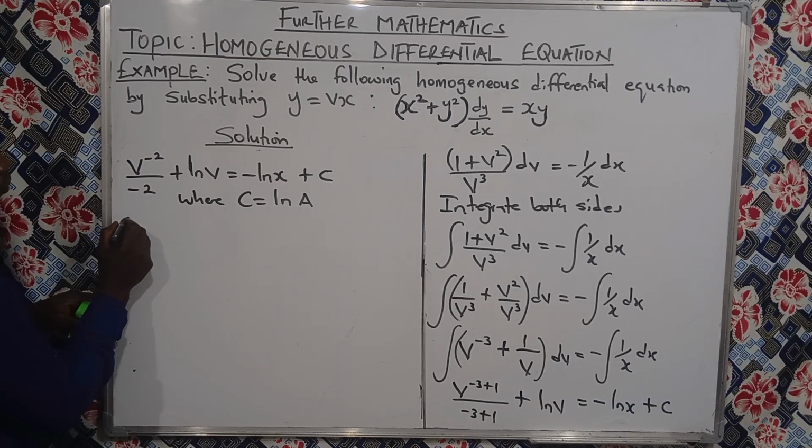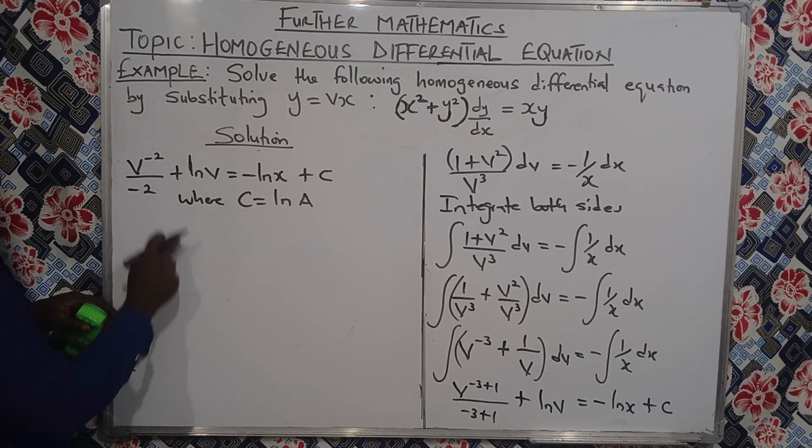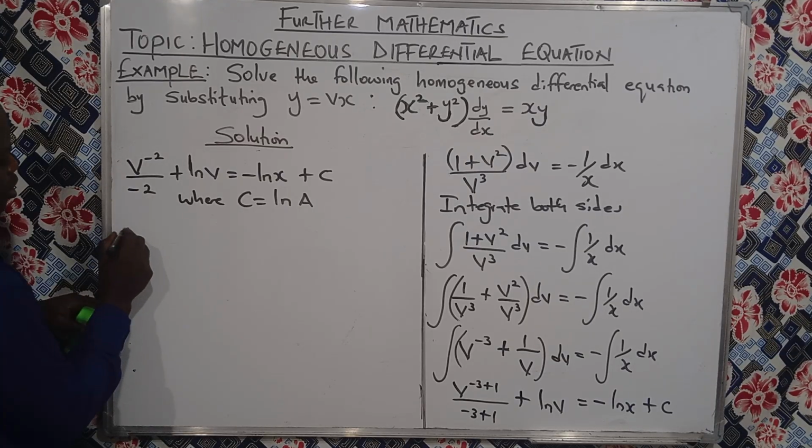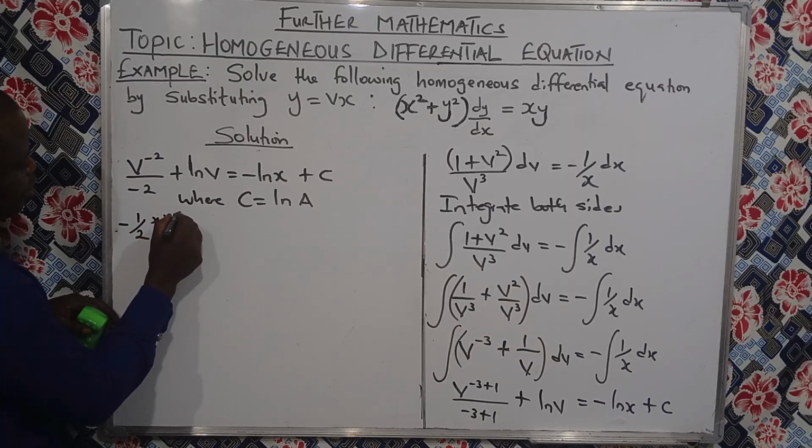Okay. Now, this v raised by minus 2, it will come down. When it comes down, the negative will disappear. Okay, let me write it very well. Now we have minus 1 over 2 times v raised to the power minus 2.